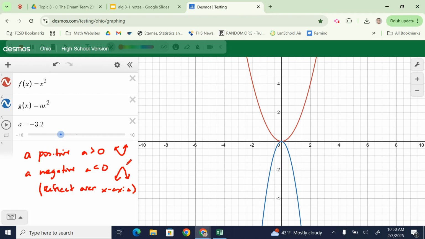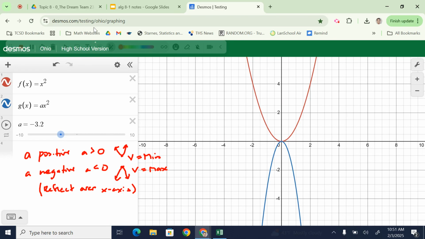Again, that's the geometry teacher in me, I apologize. Now, when your graph opens up, we talked about the vertex is a minimum value. But when your graph opens down, now your vertex is a maximum value. This is the highest y value can be, and everything else is going to be lower. Okay, so there's positive or negative.